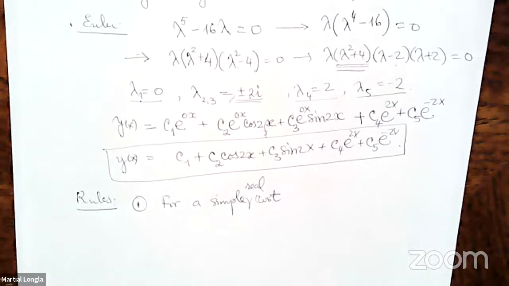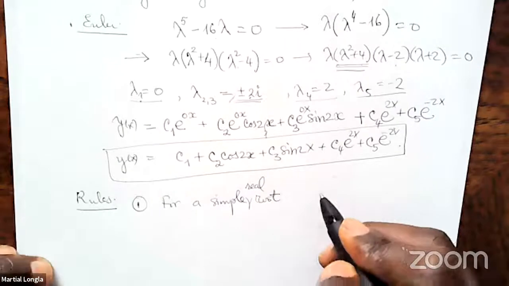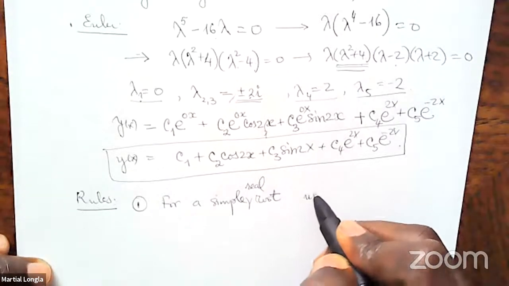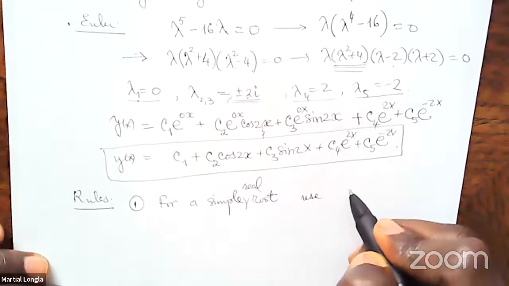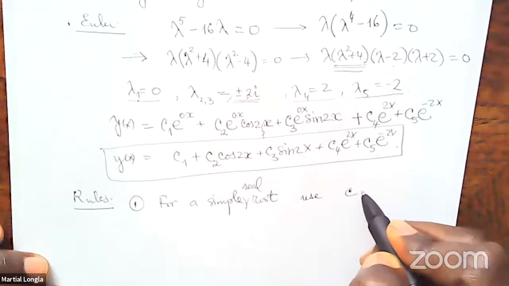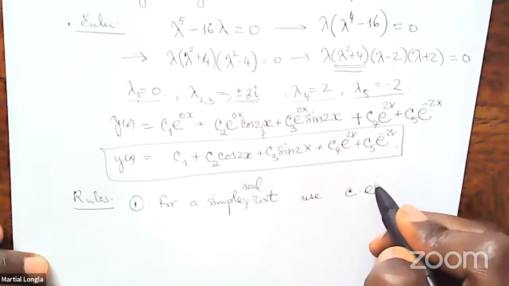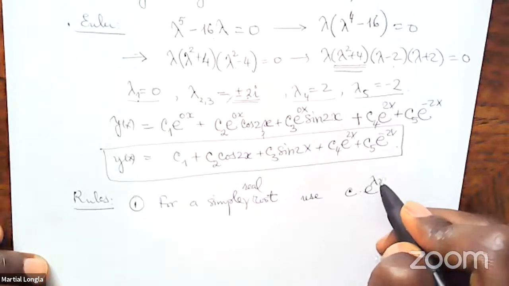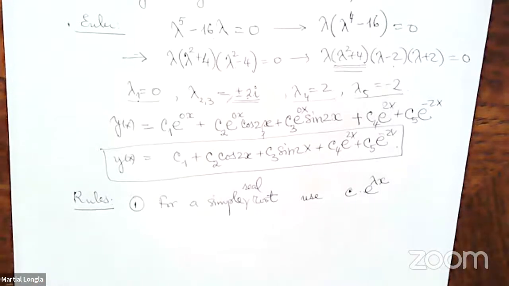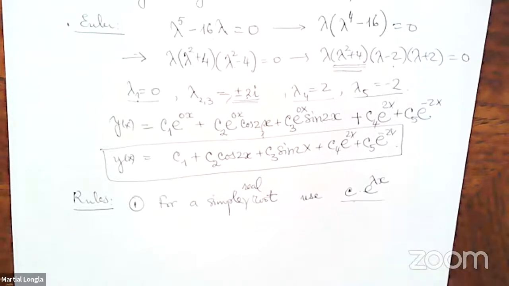So it's a root that comes one time. Use the constant times e to the lambda x. That's one. You have a simple root, it gives you one piece like that in the solution.